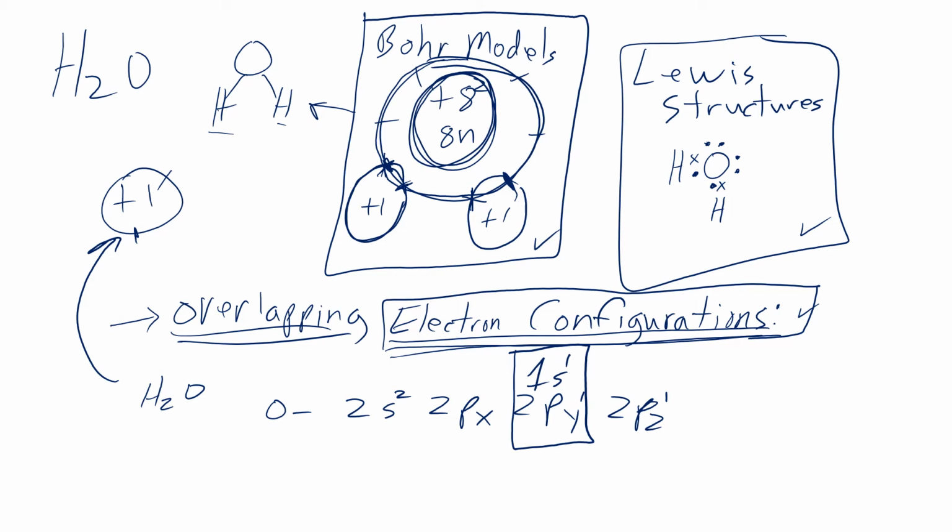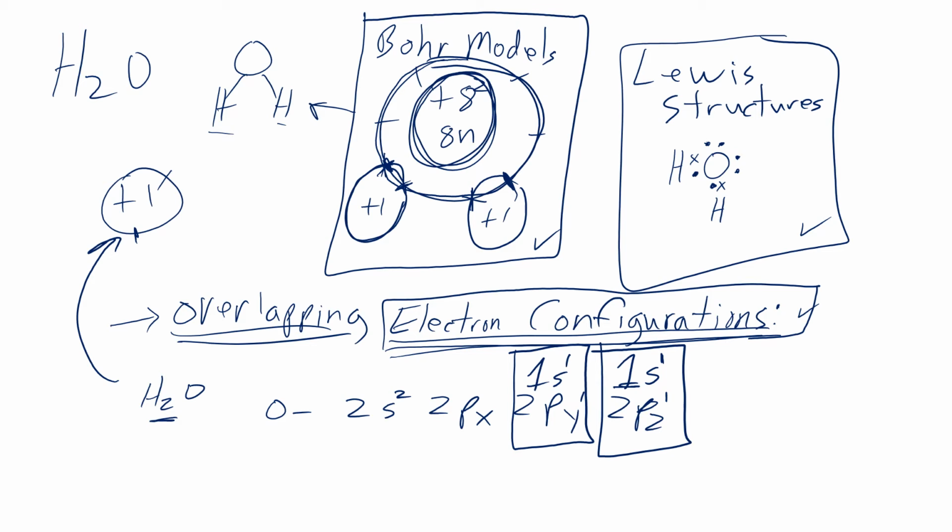Oxygen is going to share it from the 2py. Hydrogen is going to share it from its 1s1. And we have a second hydrogen in the act also. That's the H2O. It's going to share right here with the unpaired orbital of oxygen, its 2pz. Hydrogen is a 1s1. Let's put a box around that orbital where they are sharing 2 electrons from 2 different atoms. That's where they are strongly bonded.